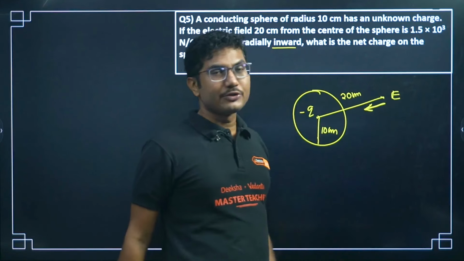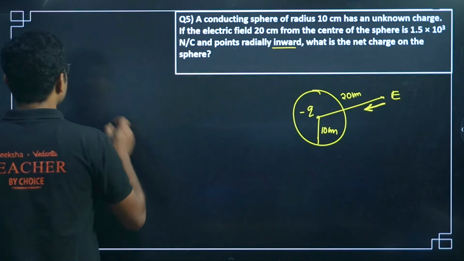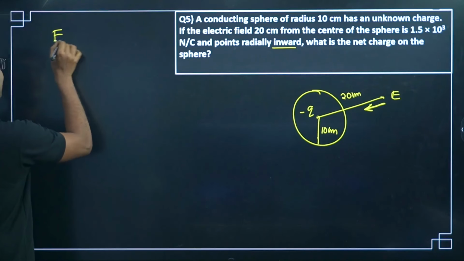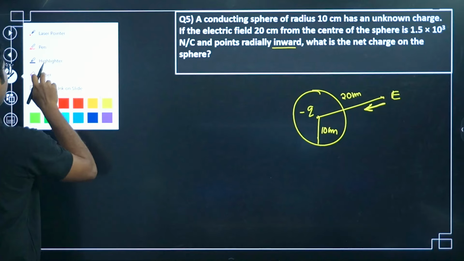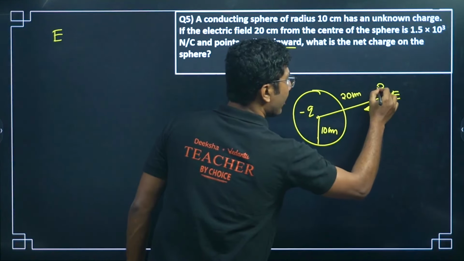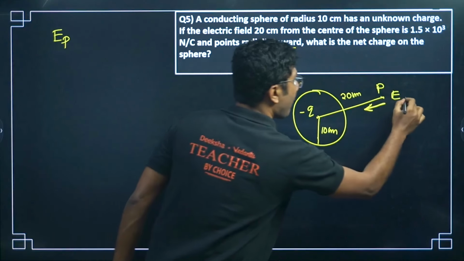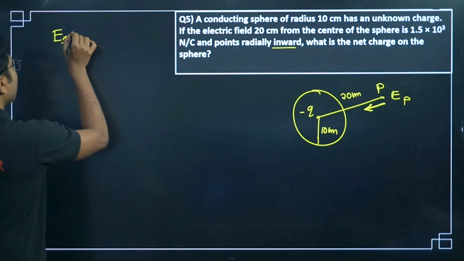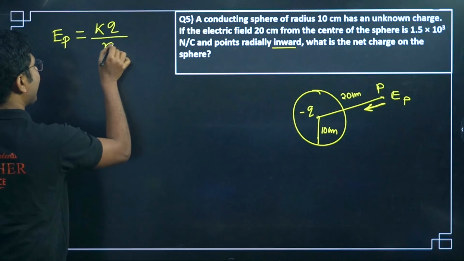So the electric field at the point of observation, say this is a point P, the electric field at point P is given by KQ by R square.